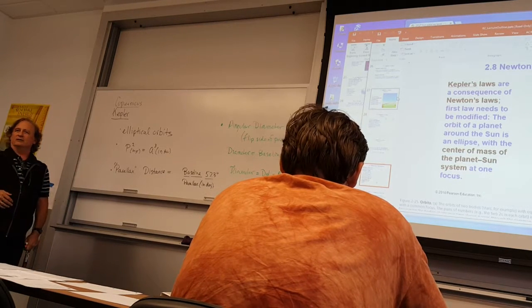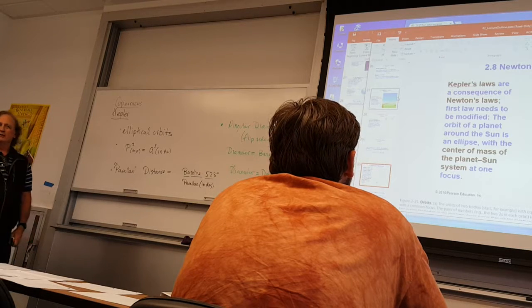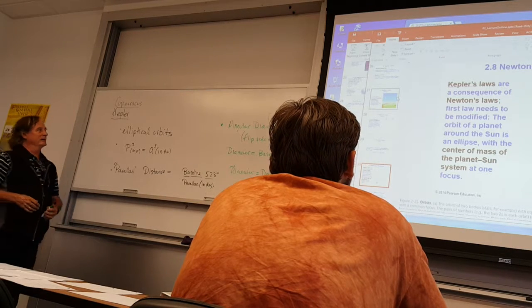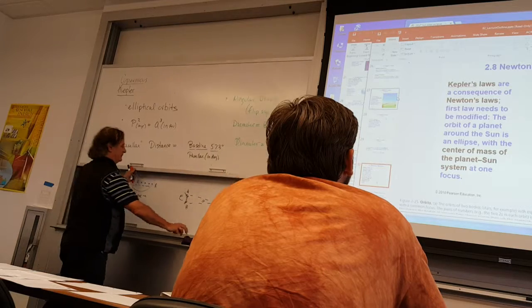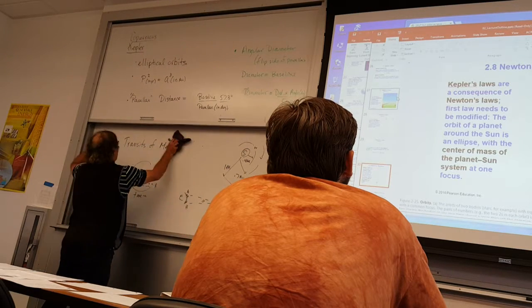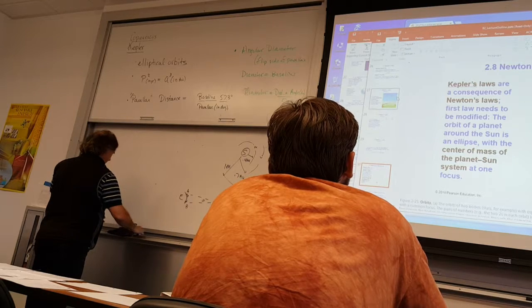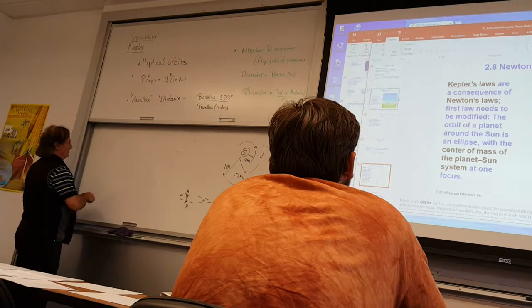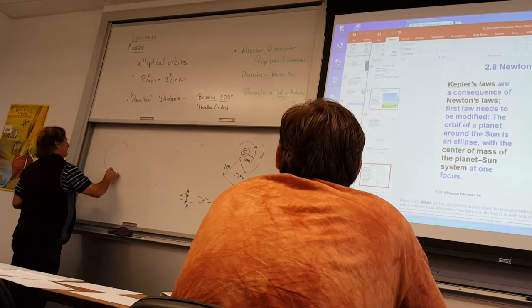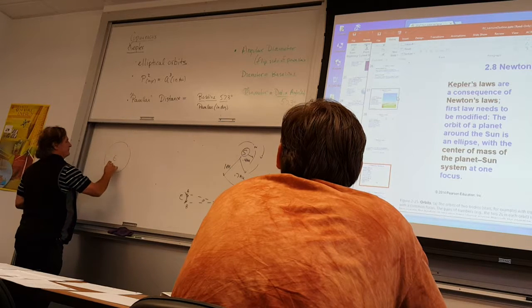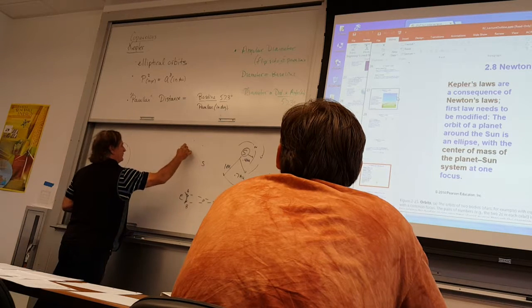He figured, well, if the Earth is a sphere, then let's draw it. And this is the scientific method. So hypothesize the Earth is a sphere, and the sun is way far away.